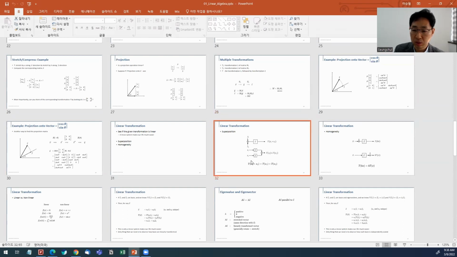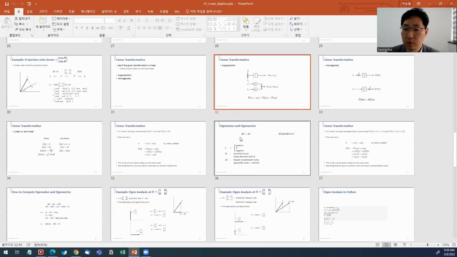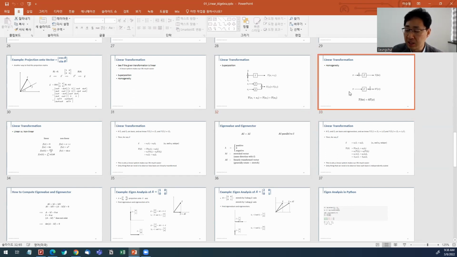And here I gave you the definition of linear transformations, and there are always two conditions that you have to check: superposition and homogeneity. These are fundamental things that you have to keep in your mind whenever we talk about linear transformations.